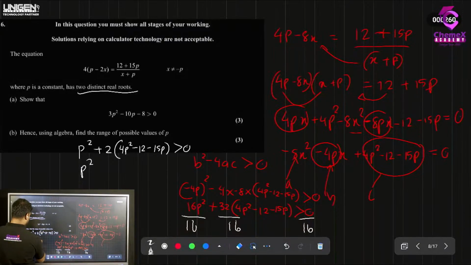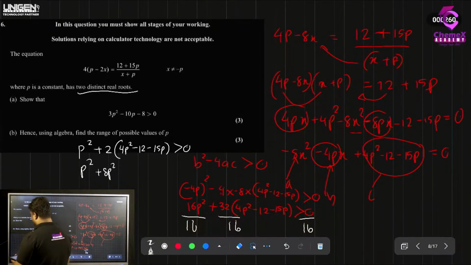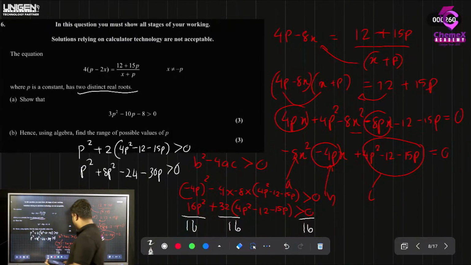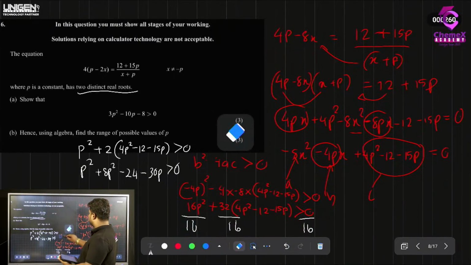So p squared plus 8p squared, minus 24 minus 30p is larger than 0. Hope you can see this clearly.